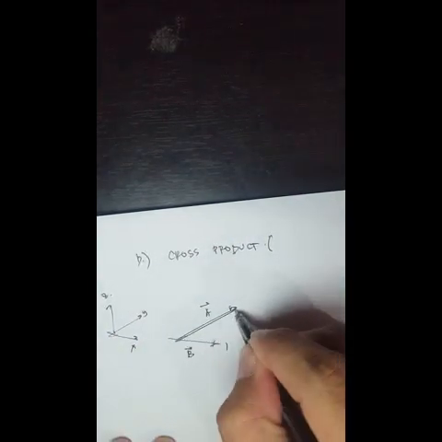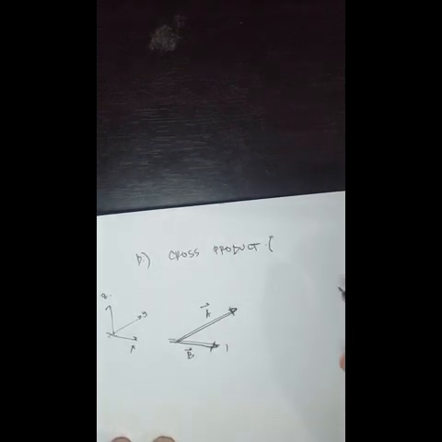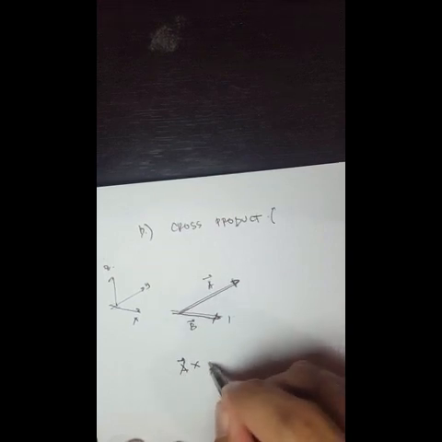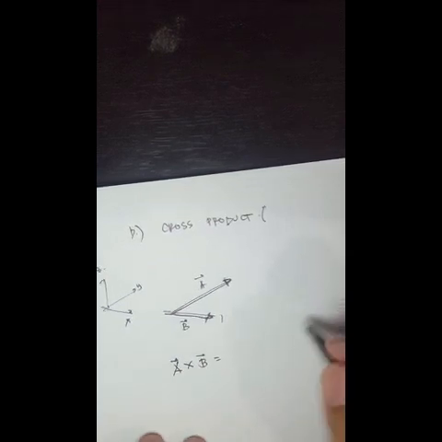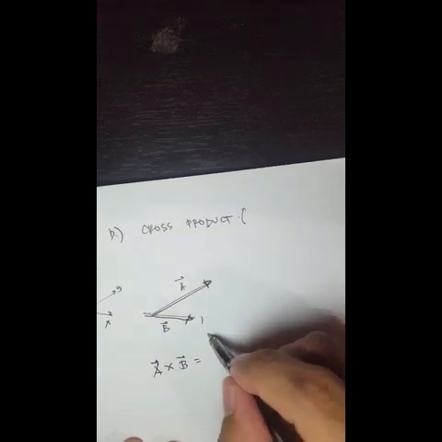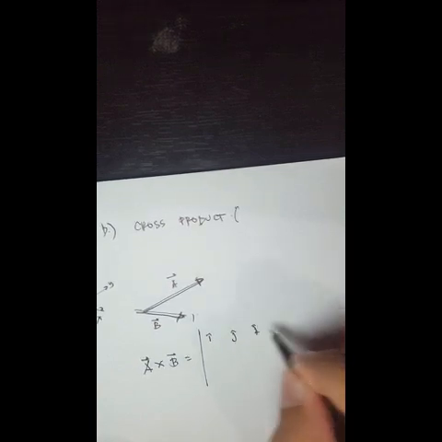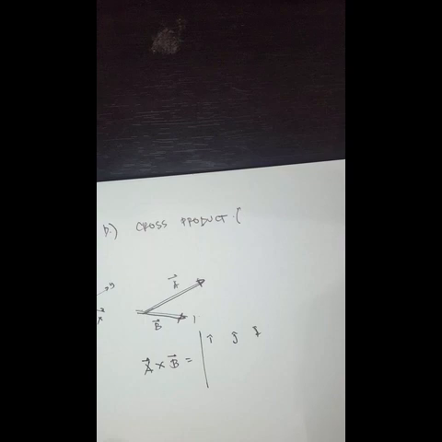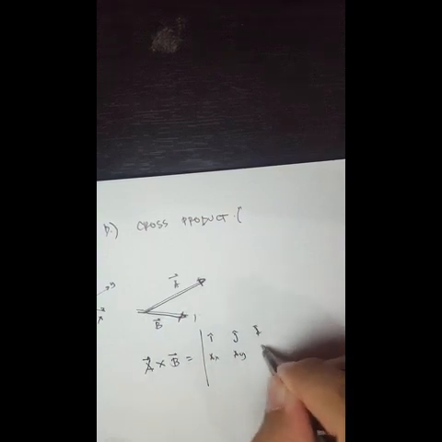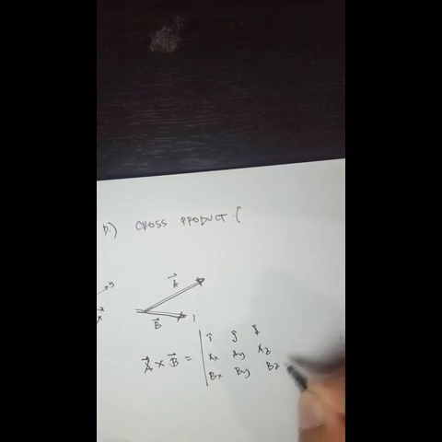If we take A cross B, this becomes something like a matrix with i, j, k in the first row, then AX, AY, AZ, and then BX, BY, BZ.